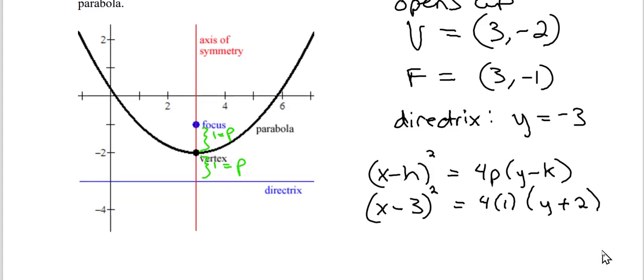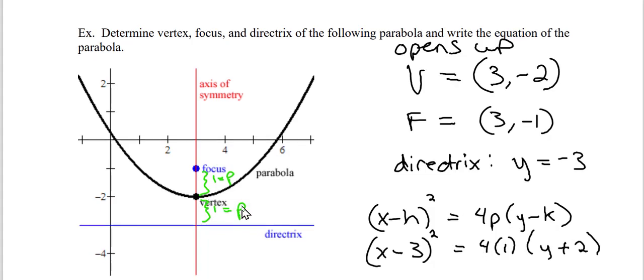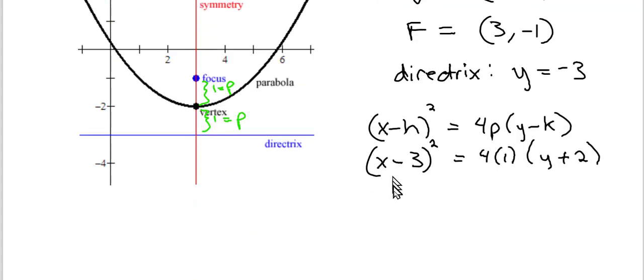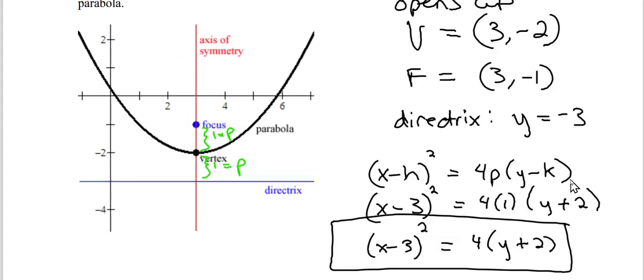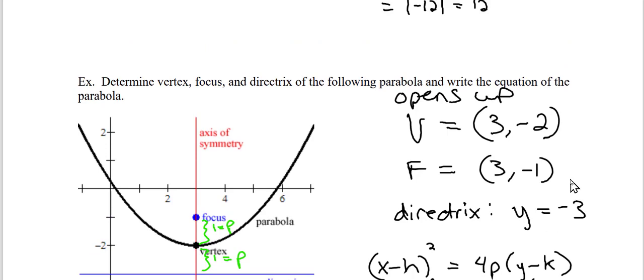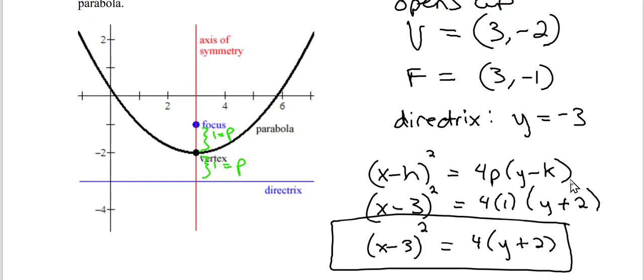One thing to be very careful of, keep track of the sign here. If this had opened down, the p would be -1. Cleaning this up, we have x minus 3 squared equals 4 times y plus 2. That's our equation of our parabola. I'm just making sure we answered all the questions. Write the equation of the parabola, find the vertex, the focus, and the directrix. We did all of that.